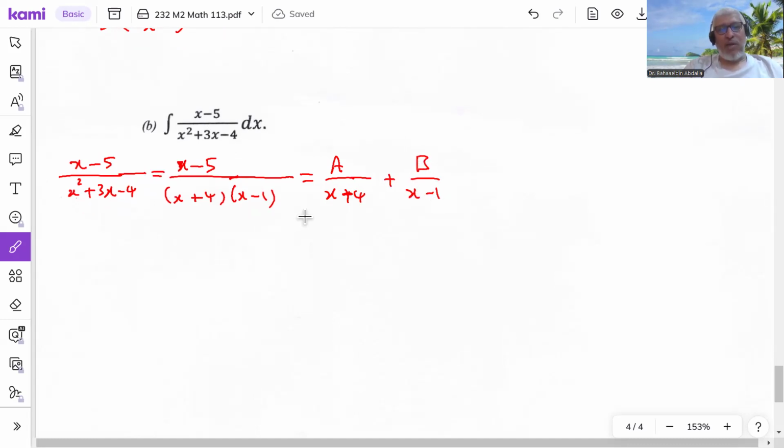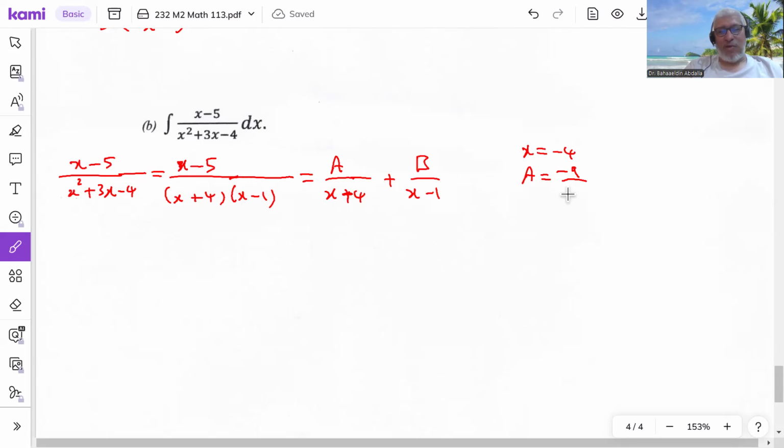The easiest way to find A and B here is to replace x by negative 4 in this side. So A would be negative 4 minus 5, that's negative 9. We cannot replace x by negative 4 here because it would be 0, so we just replace it here.